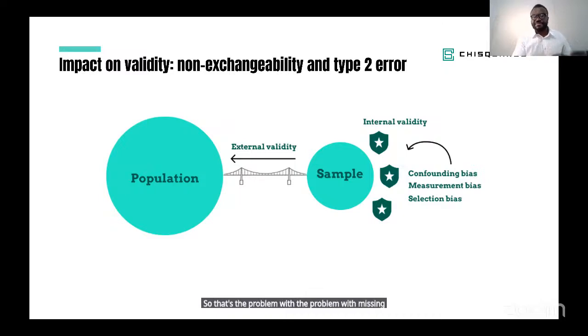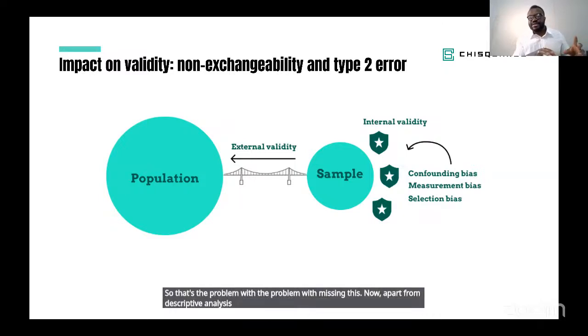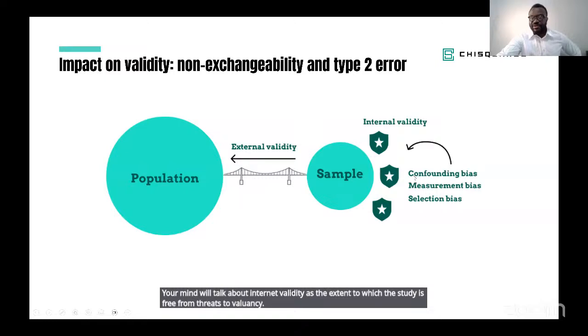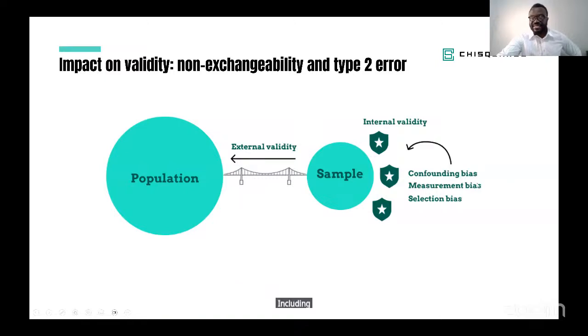Now, apart from descriptive analysis, there are also issues that arise with missingness in the context of analytical studies, which are comparative studies. Remember, we talked about internal validity as the extent to which the study is free from threats to validity, including confounding bias, measurement bias, and selection bias.